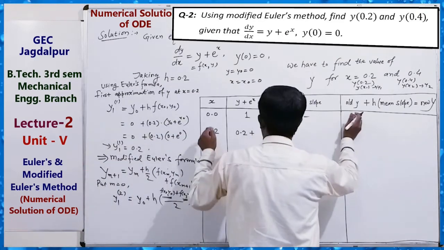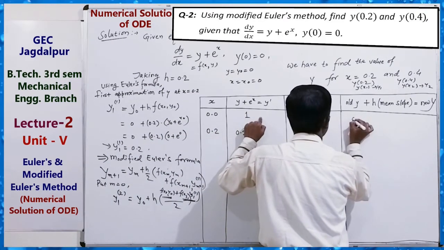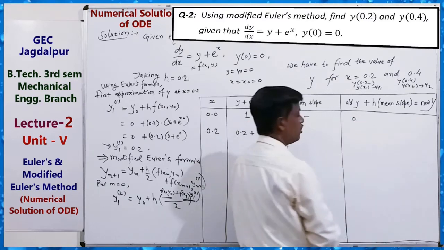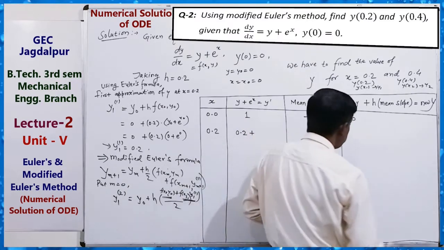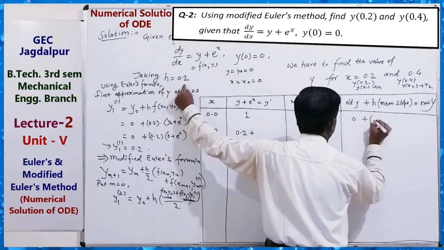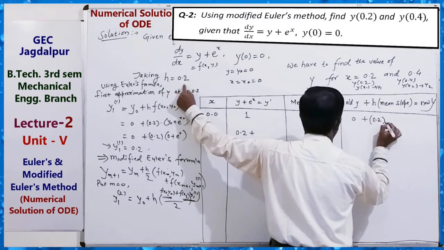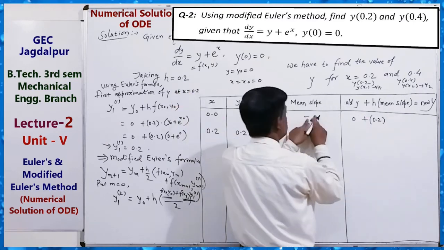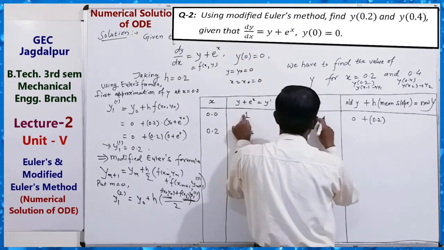Here the old y is 0. Old y is 0 plus h equals 0.2 times the mean slope, which is 1.